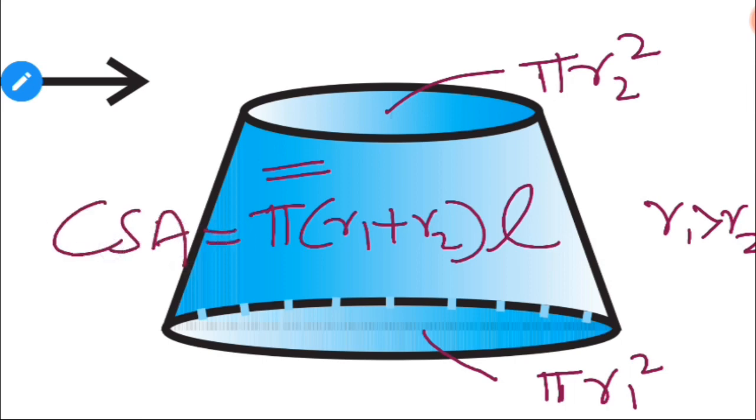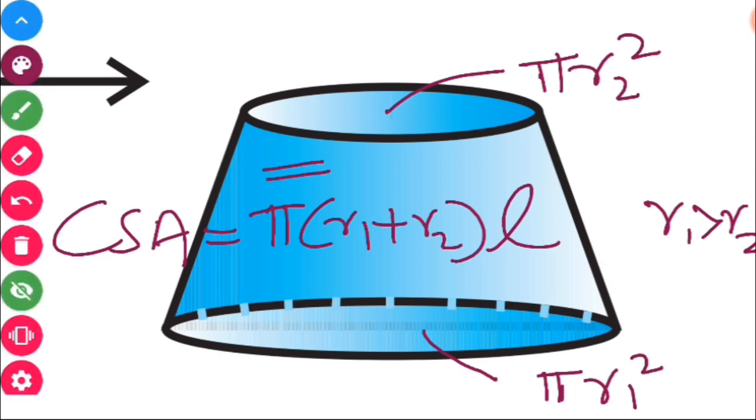CSA equals pi into (R1 plus R2) into L. Then what is TSA? TSA means we should add all these. So TSA equals pi R1 square plus pi R2 square plus pi into (R1 plus R2) into L. And what is volume? Volume equals 1 by 3 pi h into (R1 square plus R2 square plus R1 R2).